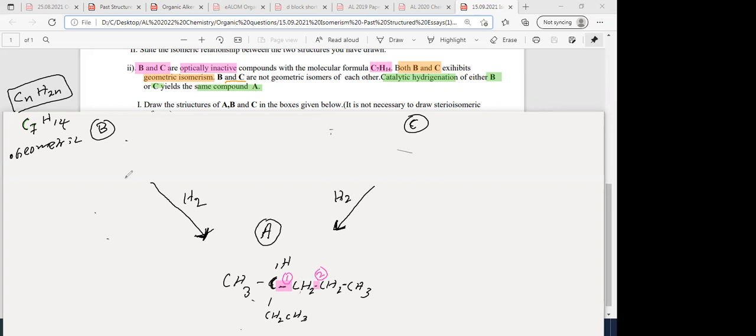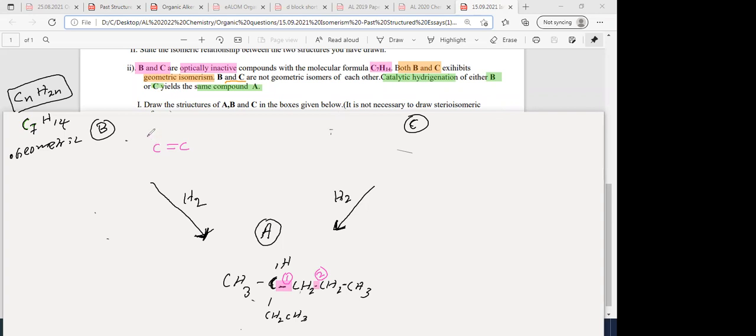I'll put number 1. Then you get, I will draw this structure also. You get a double bond. Look at number 1 here, at the first position. Here I'll draw the double bond. Then this side you get CH, double bond here. Then hydrogen is going out. This hydrogen is going out.